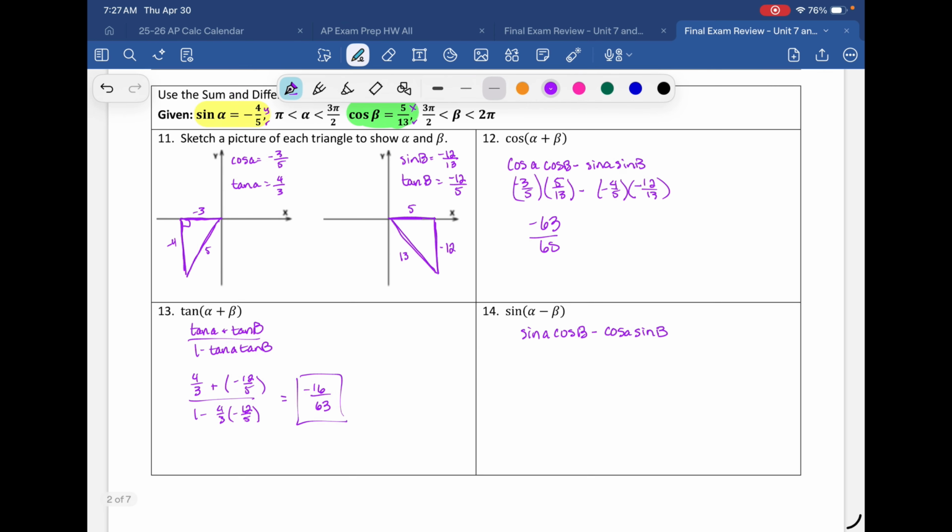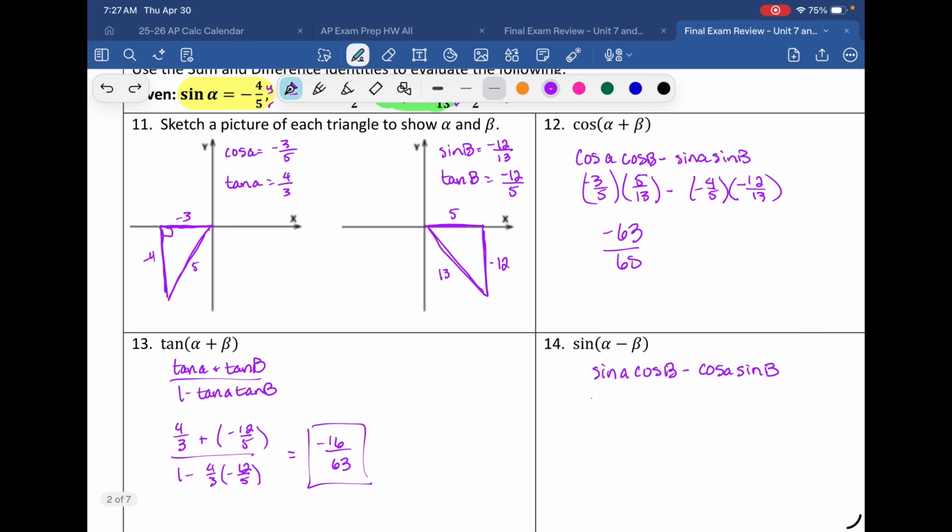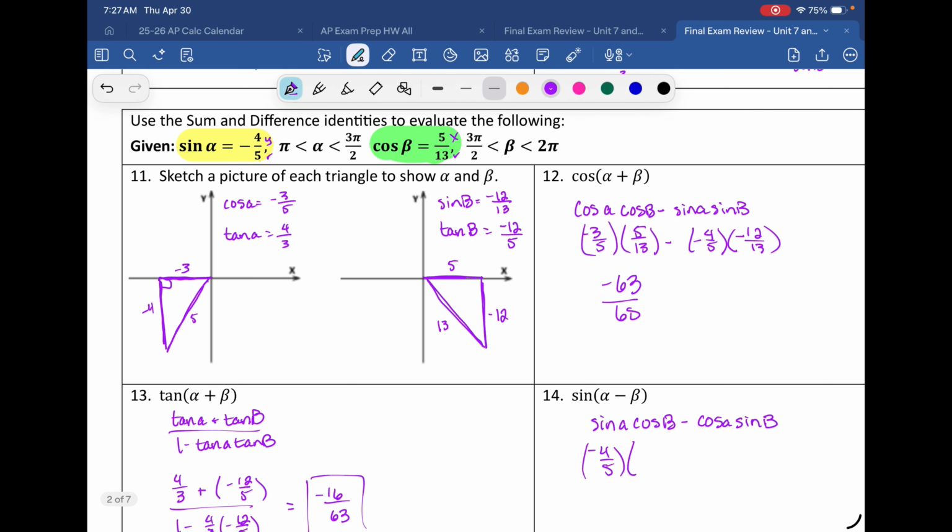All right. So now we have sine of alpha minus beta. We got the formula. You have that. Plug in the right ratios. We have sine alpha, which is negative 4/5. Cosine beta, 5/13. Cosine alpha. Sine beta.